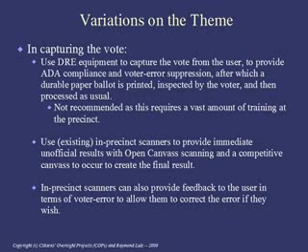Before I complete the presentation, I want to mention a couple of variations on the theme here. I'm sure that there are more, but there are a couple that I should mention. First of all, in capturing the vote, it's possible to use direct recording election equipment to capture the vote from the user, providing disability compliance and voter error suppression.